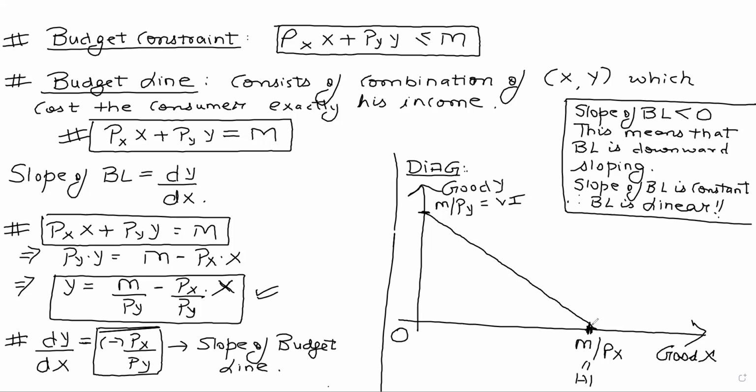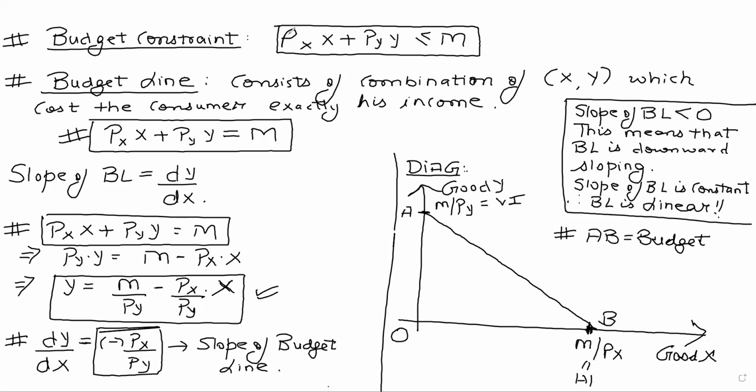So if I call this point A and this point B, then AB is my budget line.